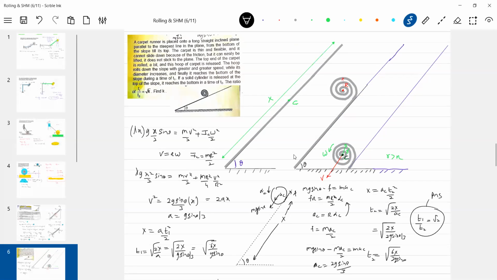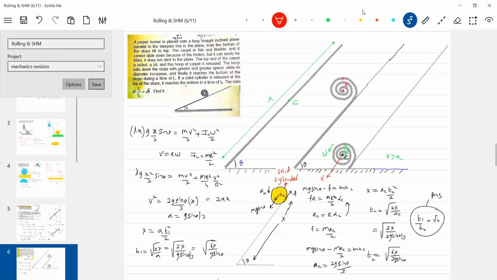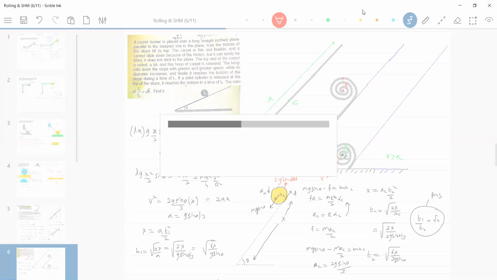Okay, try to see the total question. This is a cylinder. I think it can be asked, if you check the Advanced paper.